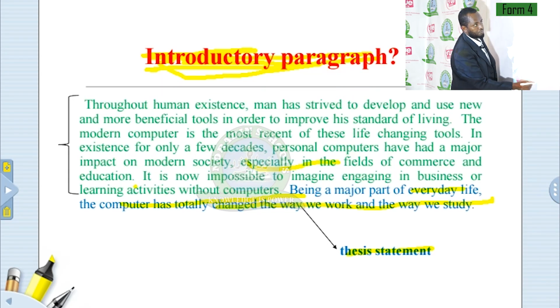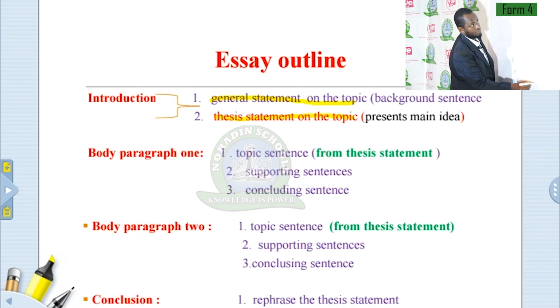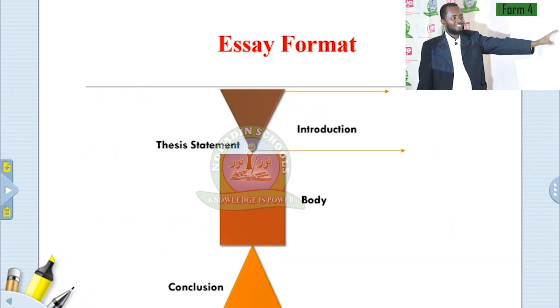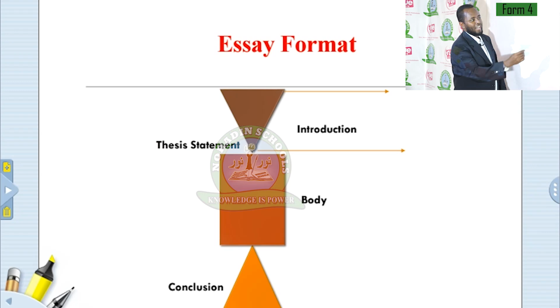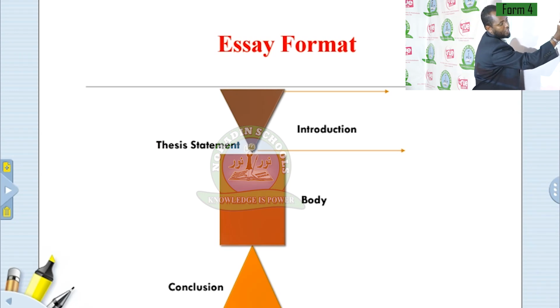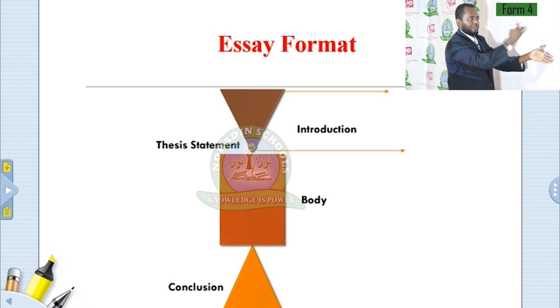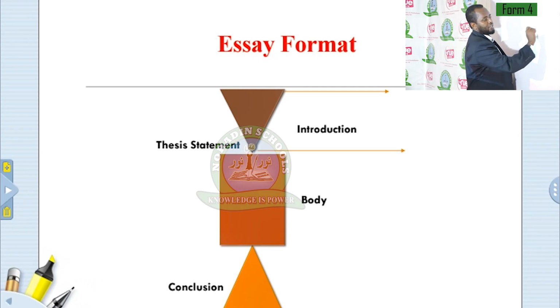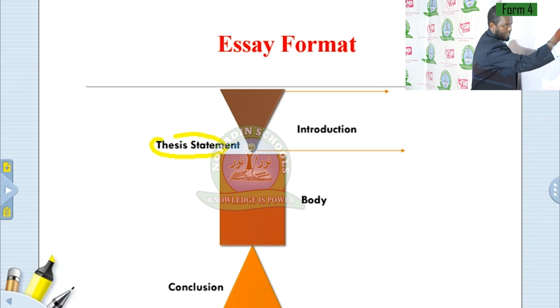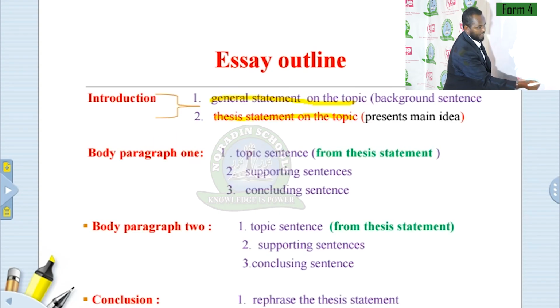For example, the rectangle shows us that they consist of two different paragraphs. And the thesis statement leads these paragraphs.